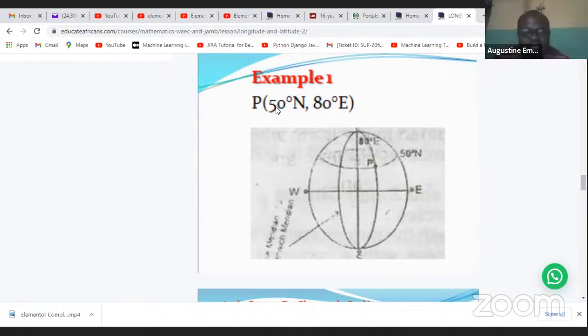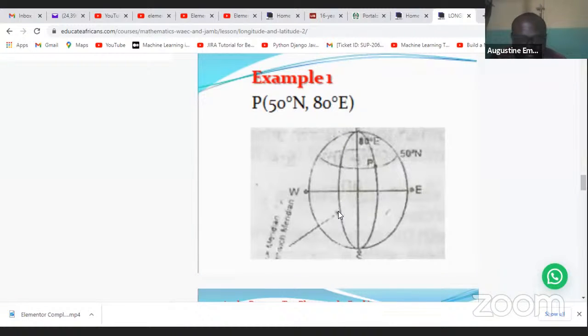So the point is 50 degrees north. This is your 0 point of the equator. You have to go in such a way that you have 50 degrees. But first of all, just locate your meridian.